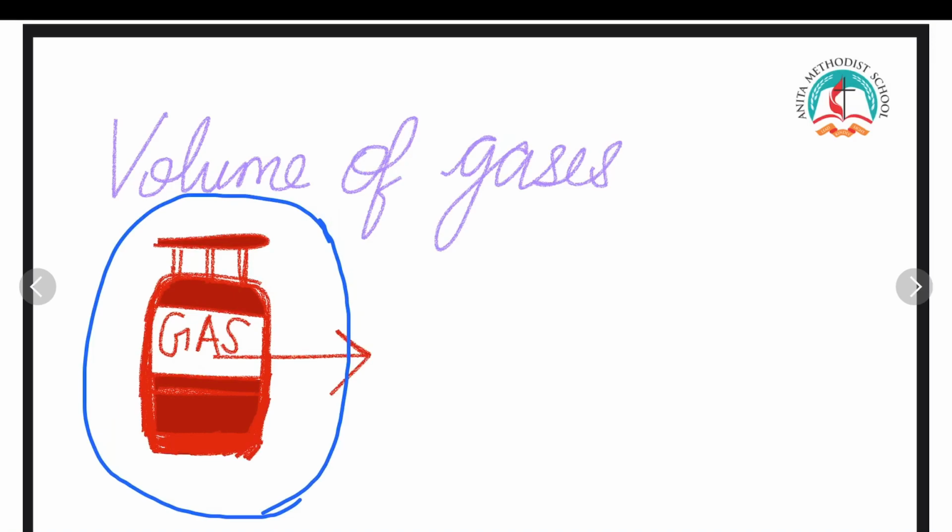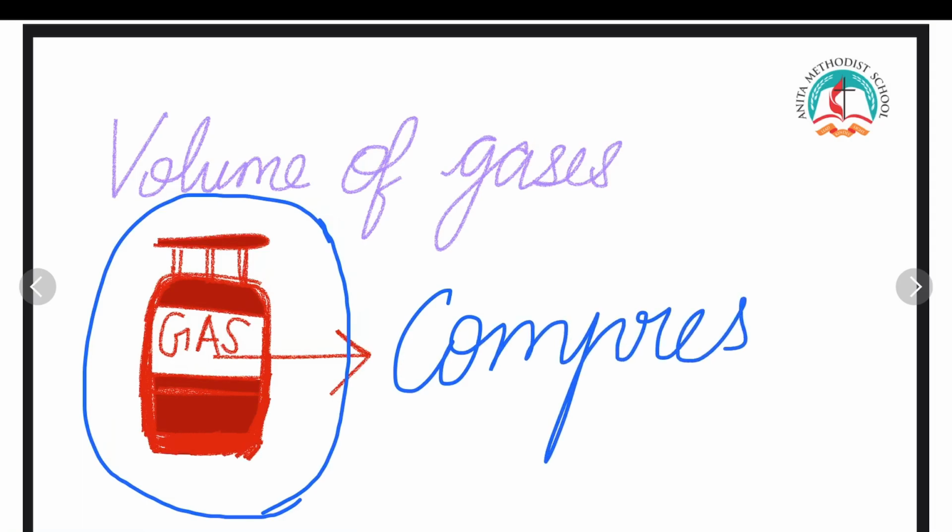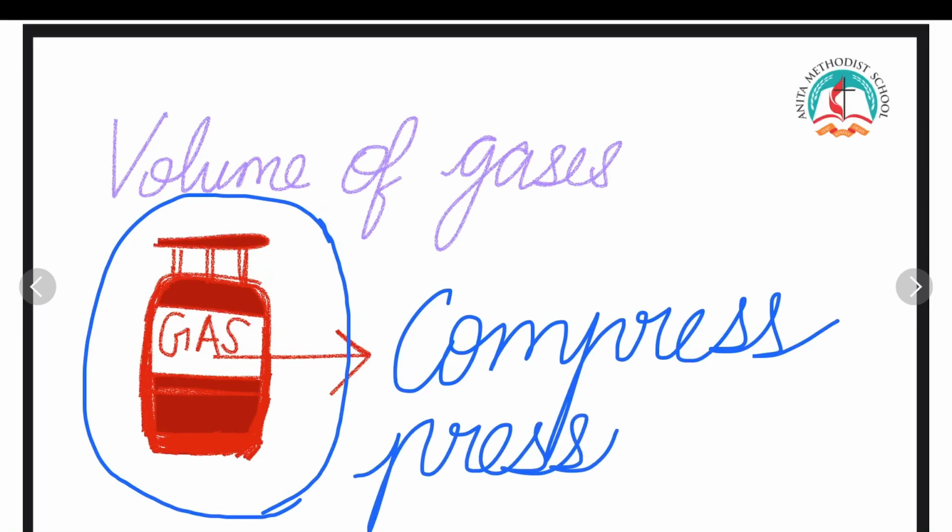And then when we compress the air, there is some chance of reducing the volume of the gas. So through this method, through compression or by applying some pressure, we can reduce the volume of the gas.